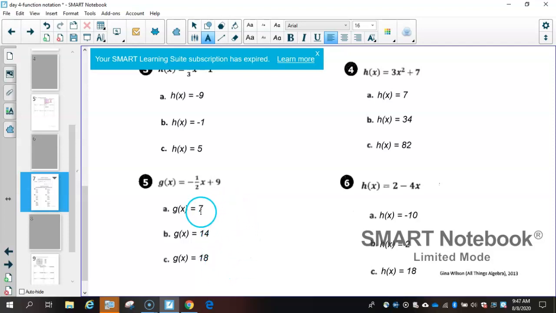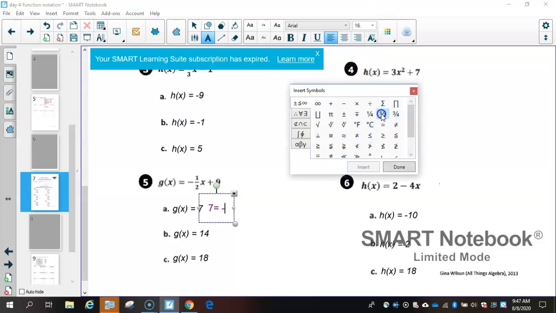So when we are doing this, we're going to substitute this value in for g of x, not in for x, but in for the entire piece g of x and solve for x. So that's going to look something like this. If g of x equals 7, I'm going to start with 7 equals -1/2 x. I need to put 1/2 in.